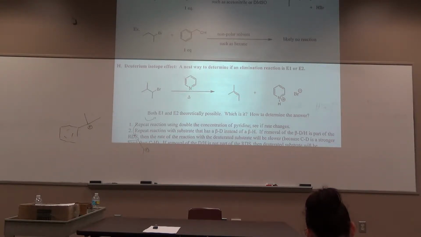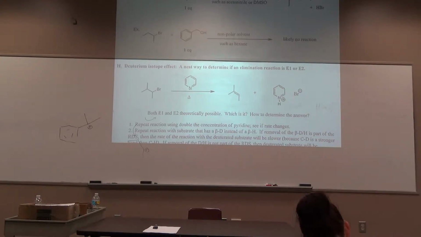Well, I call sp3 nitrogen strong. What about sp2? It's kind of borderline. So how confident are you going to be saying, hey, it's strong, I know this is E2? Maybe it's not strong enough and it's actually going to be E1.